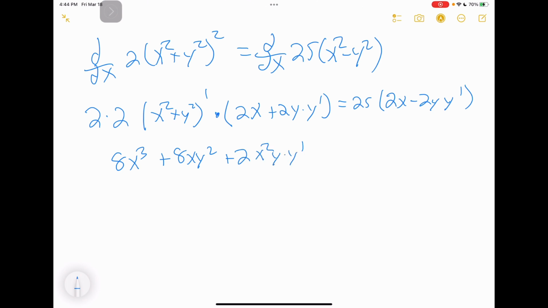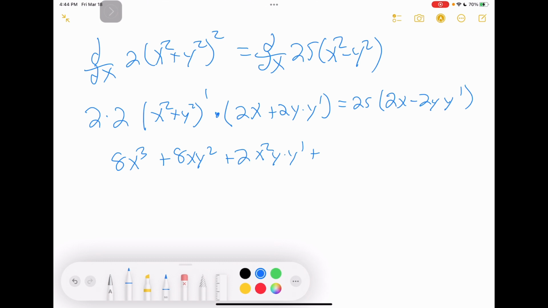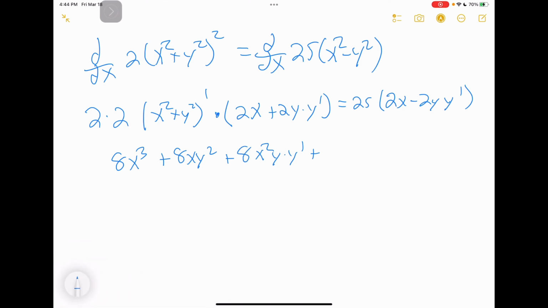Can't forget the y prime. And 2 times 2 times y squared times the 2y prime is going to be plus, oh, that wasn't 2, by the way. That was another 8. 2 times 2 is 4 times 2 is 8. So that's 8y cubed times y prime, equals, and then if we distribute the 25, we have 50x minus 50y y prime.